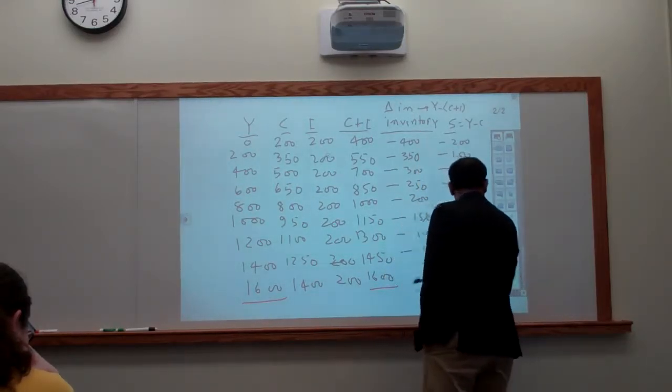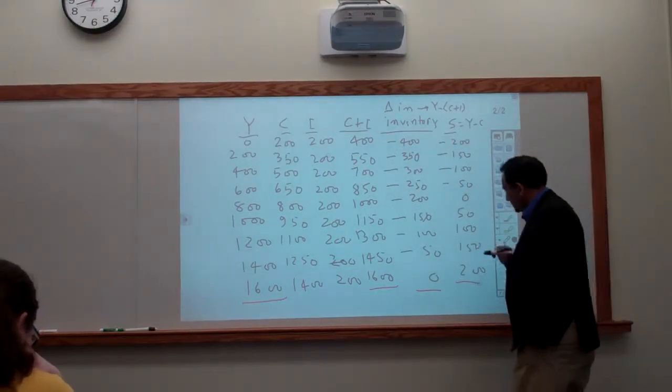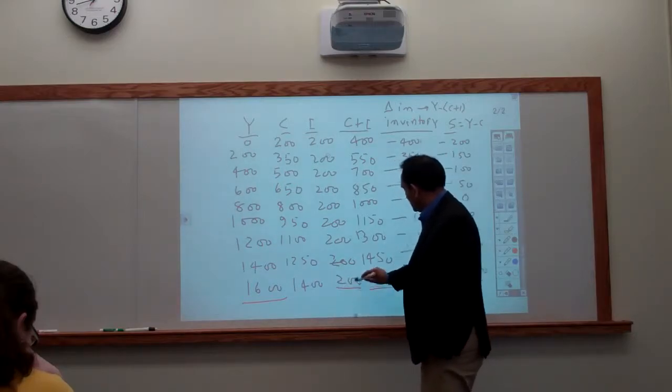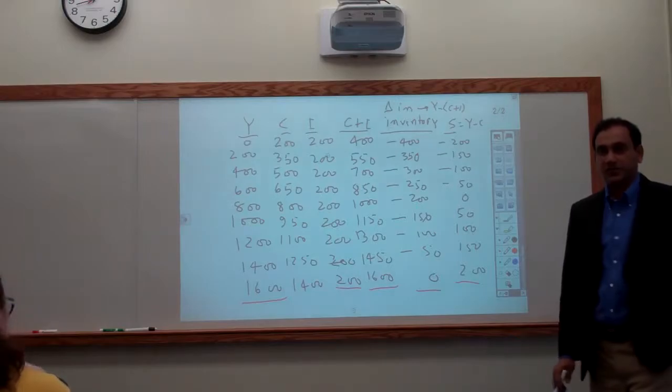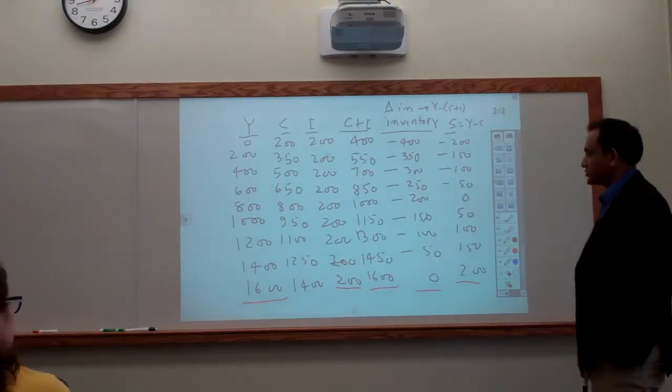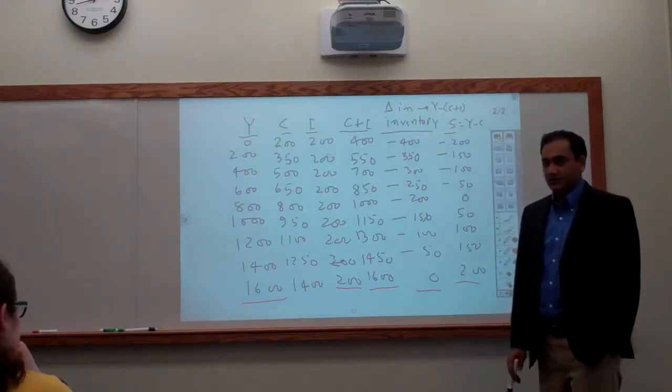That's your 200. So when savings equals investment, that also gives you equilibrium in the goods market. You can see the equality takes place when savings equals 200 and investment equals 200. And that corresponds to the value of Y, which is 1600.